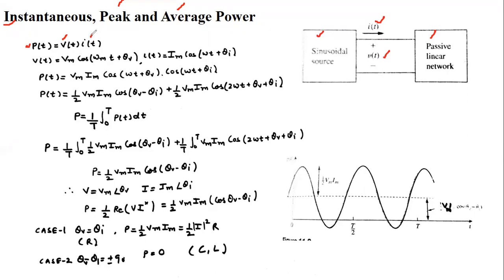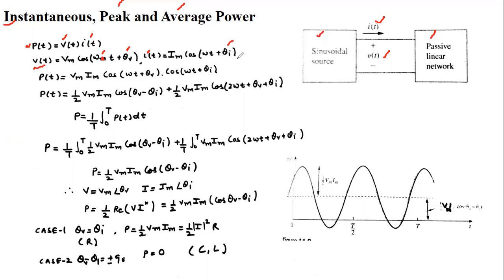Now in this equation we are assuming that voltage v(t) equals Vm cos(omega t plus theta v). Theta v is representing the initial phase and omega is representing the frequency. The current i(t) is Im cos(omega t plus theta i).